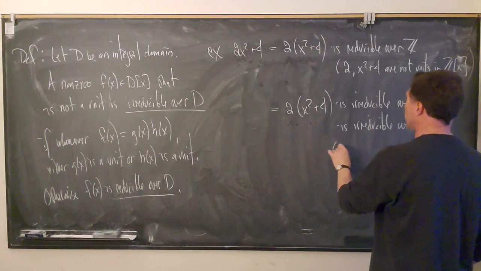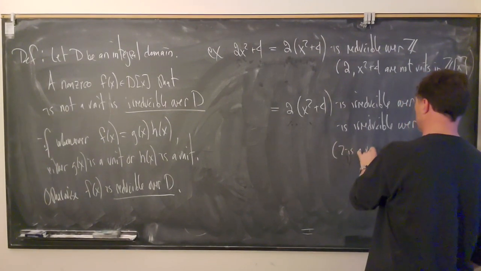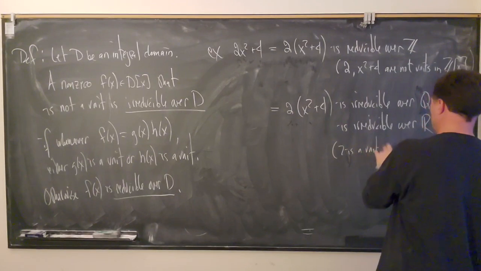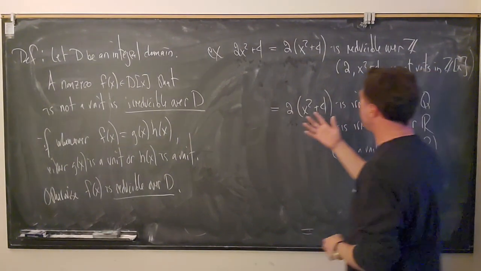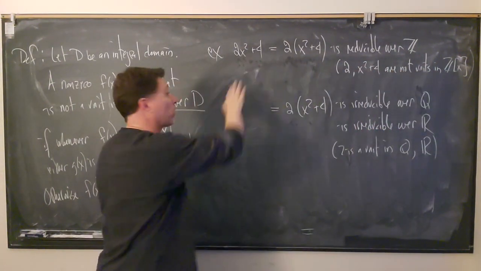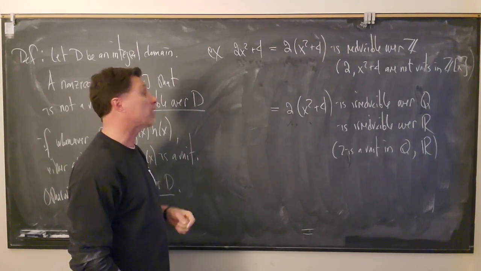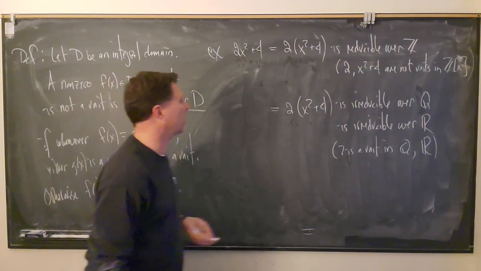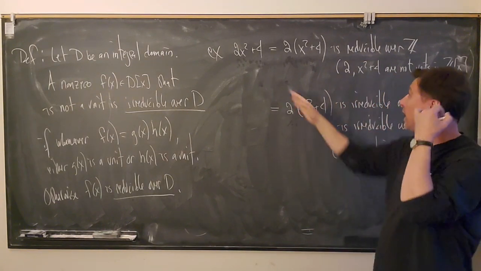So the reason here is 2 is a unit in Q, and I'll just put Q, R. So for the same reason, this polynomial 2x squared plus 4 is irreducible.